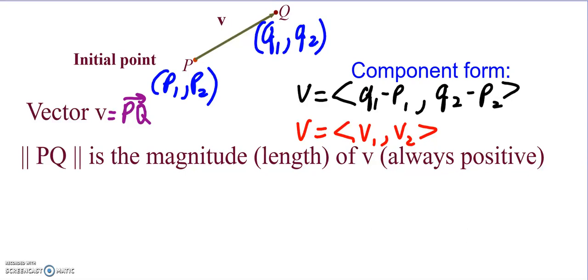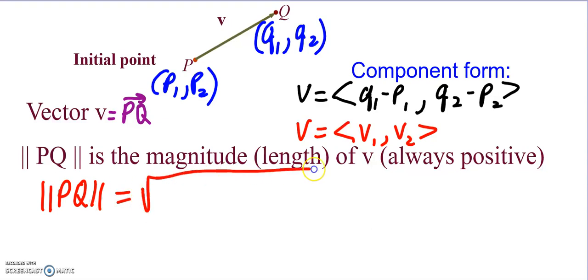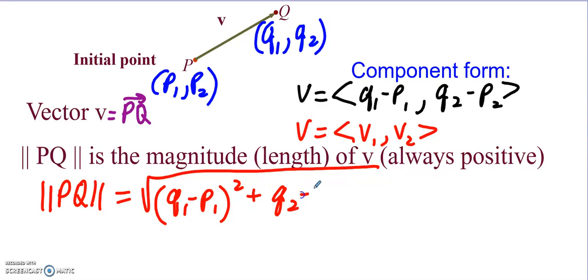How do we find the magnitude? Well, how do we find length? Great question. We already know that. We find length by using the distance formula. What is the distance formula? Just the Pythagorean theorem, but between 2 points. So we have the 2 points. So the magnitude of PQ is going to be the square root of (q1 minus p1) squared plus (q2 minus p2) squared.